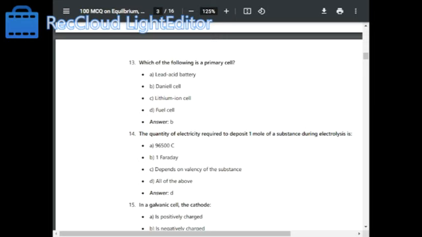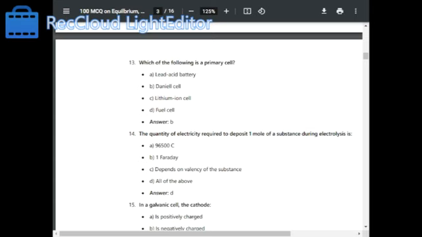So all are correct. 96500 coulomb, correct, 1 Faraday, correct, depends on the valency of substance, correct. All the above are correct. Hence option D is correct.